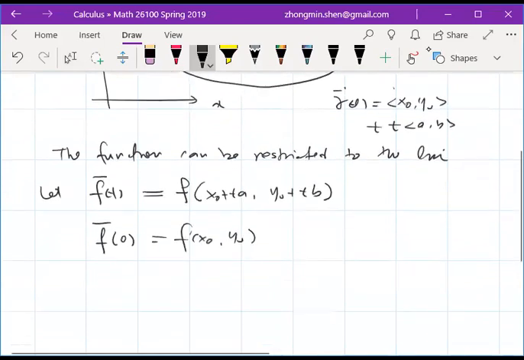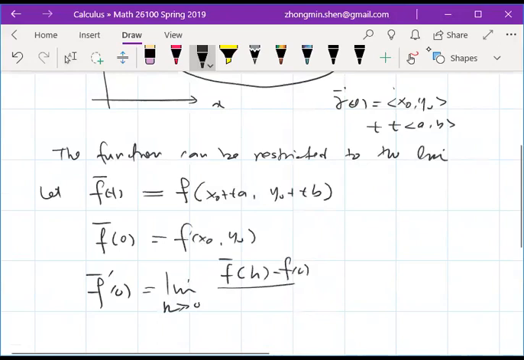So you can talk about the derivative. What is f bar prime of 0? According to the definition, it's the limit as h approaches 0 of f bar of h minus f bar of 0, divided by h.